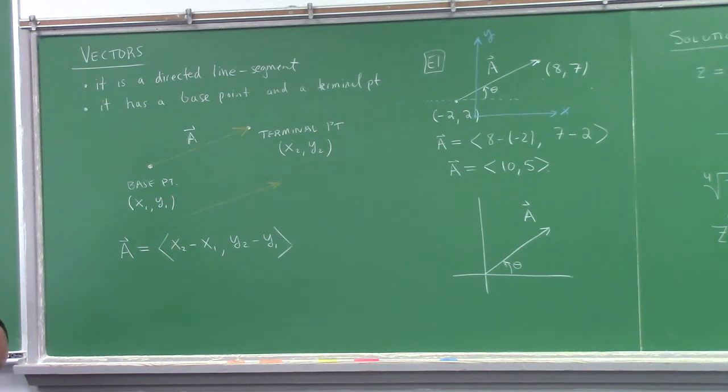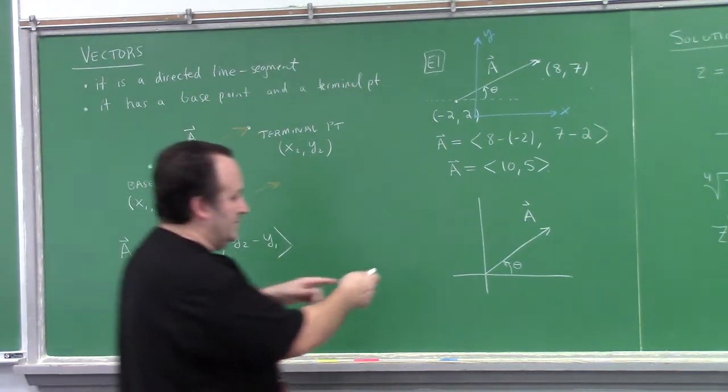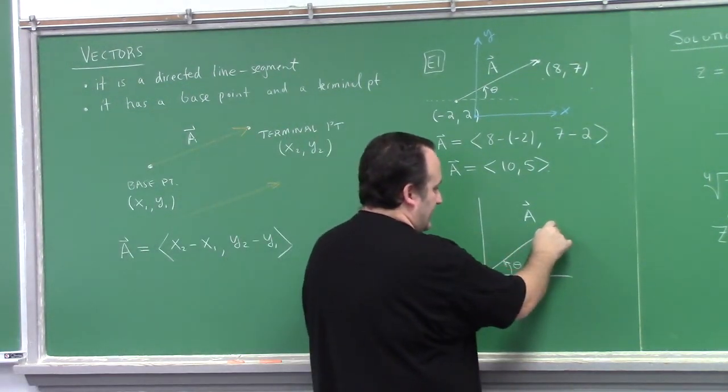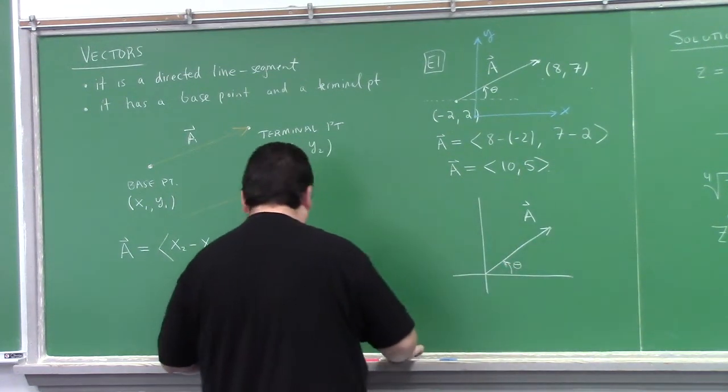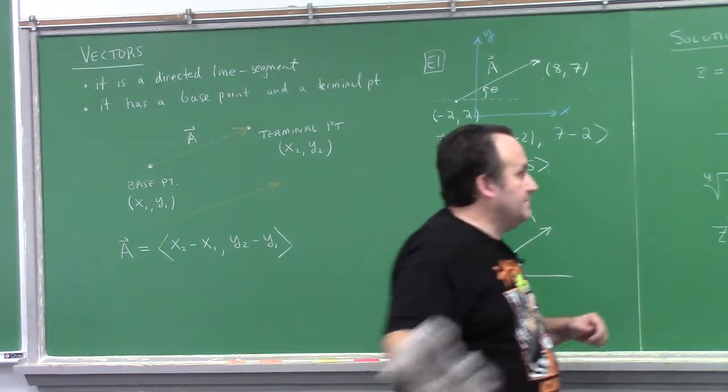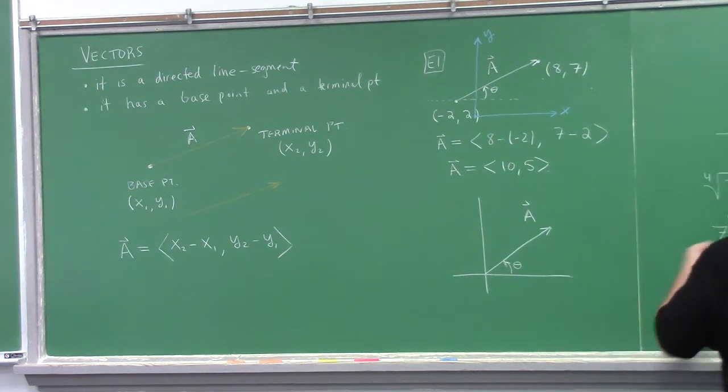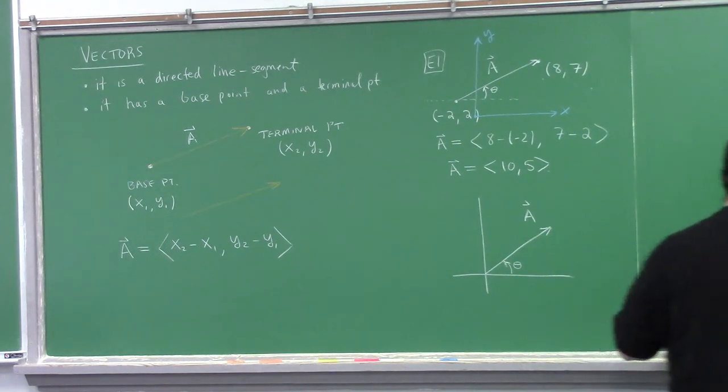Whatever that angle is, that's going to tell you which direction the vector points. You can also talk about how long the vector is. That's the distance that the end of the vector is from the origin. So what's the magnitude? What's the standard angle? These are things we can discuss for any vector in the plane.